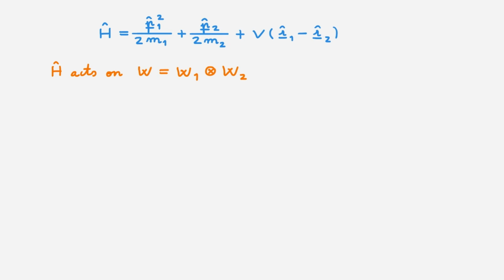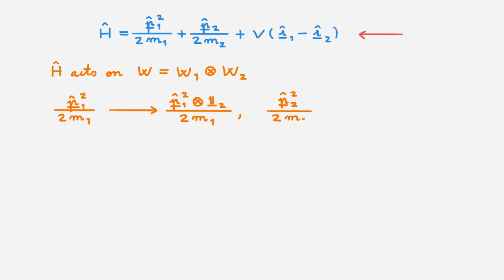Now, when we spell out the Hamiltonian like this in terms of 3 terms, then each of these terms must also act on that same tensor product state space. To be precise, this means that the kinetic energy operator of the first particle should really involve the tensor product of P1 squared with the identity in W2, and the kinetic energy operator of the second particle should have the corresponding tensor product.